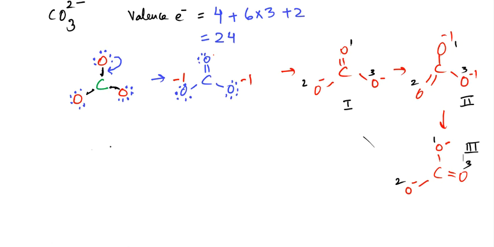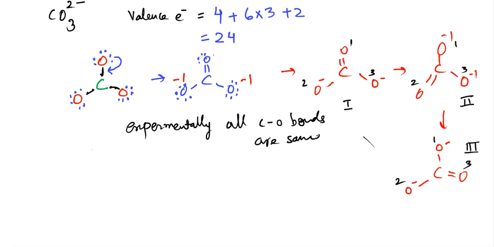And experimentally it was found that all carbon-oxygen bonds are the same. Experimentally all CO bonds are the same, which cannot be explained by any of these three structures.